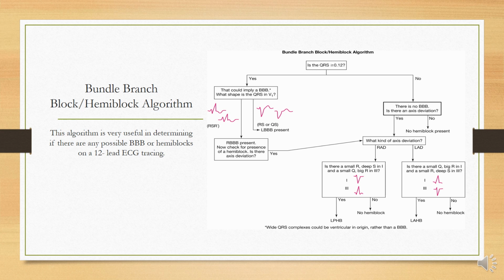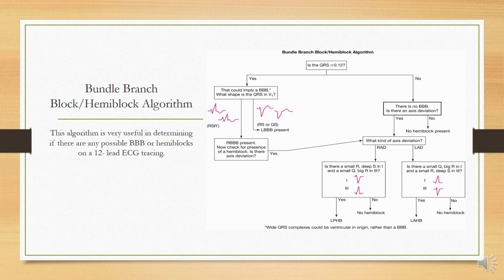Now, what if the QRS isn't greater than, and it's no, then we don't have a bundle branch block. But we can sometimes have a hemi block without a right bundle branch block. See, not all right bundle branch blocks have a hemi block, but not all hemi blocks have a right bundle branch block either, so it kind of goes 50-50 halfway.